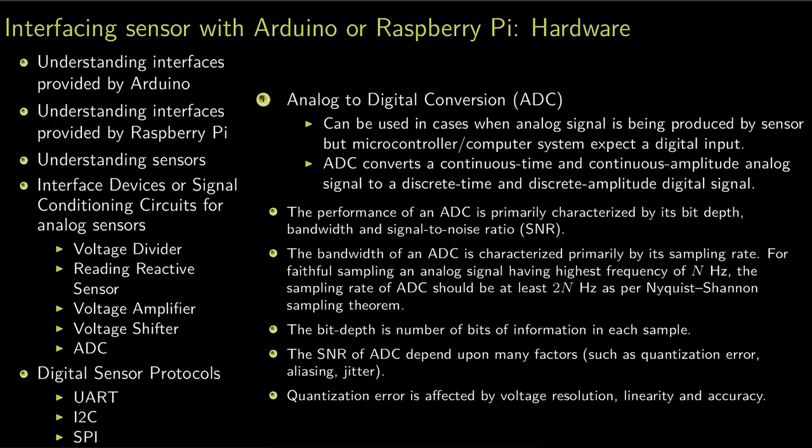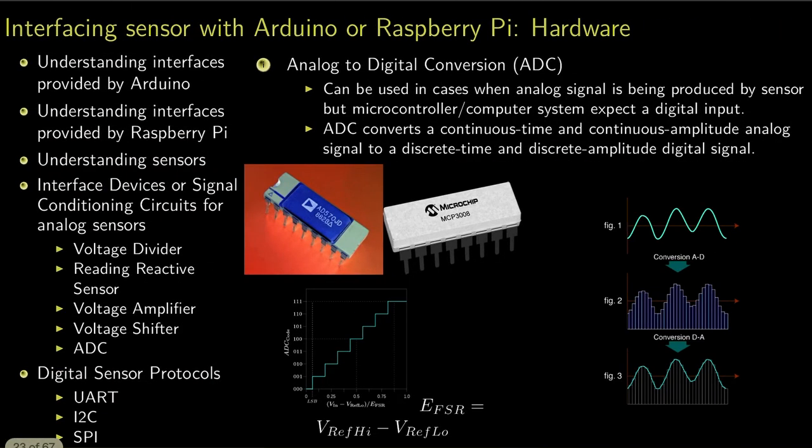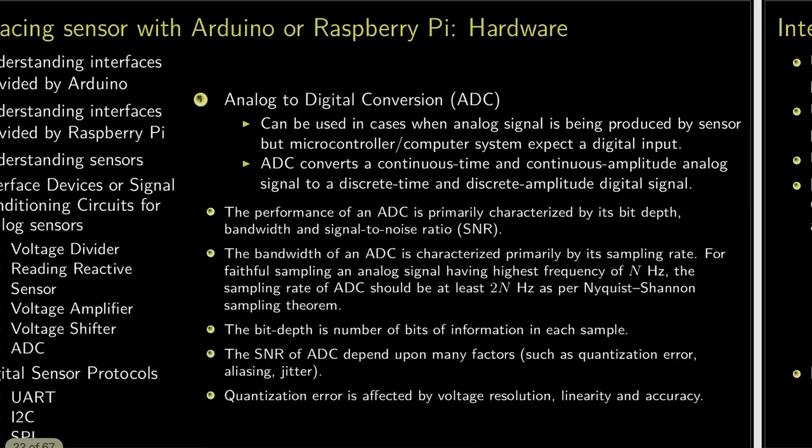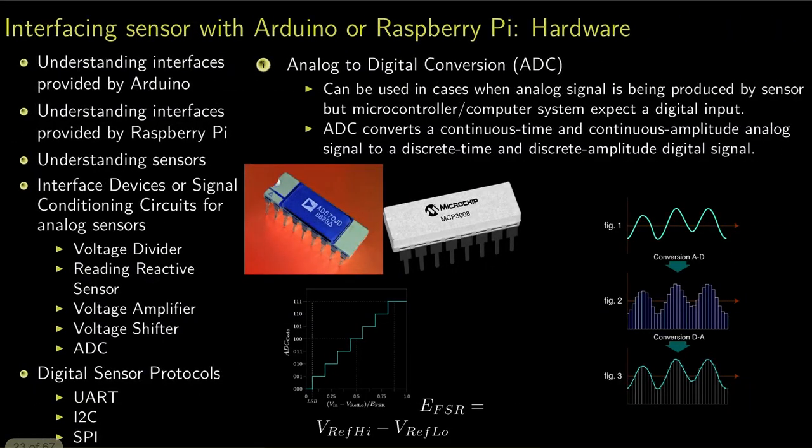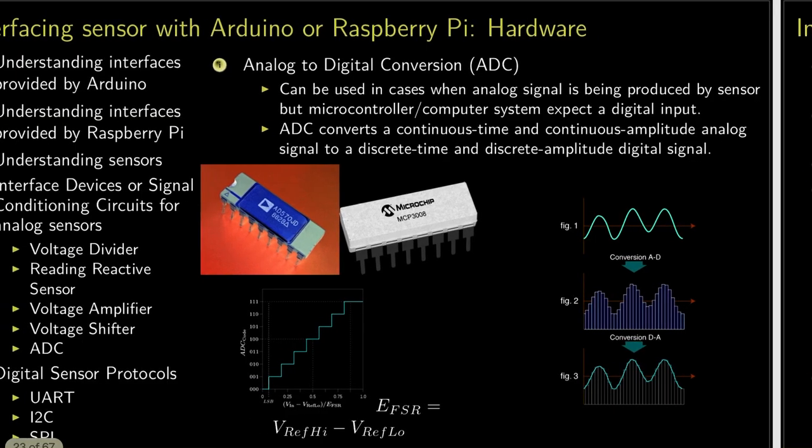Now the quantization error is affected by voltage resolution, linearity and accuracy. So we have seen the things. So you can see the pictures of the ADC conversion, that is analog to digital converters. So now we move on.